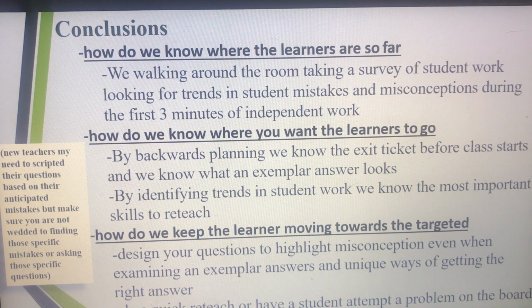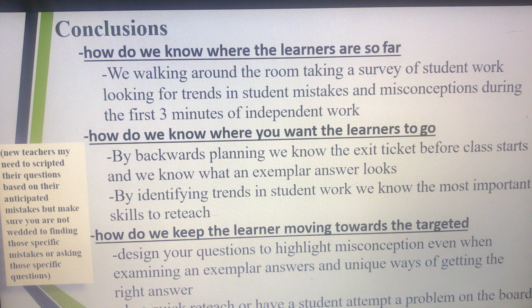Backwards planning, right? By knowing what your exit ticket is, knowing what an exemplar answer looks like when you walk into the room, means that when you see students attempting problems, you know what things they need to do differently in order to get to the answer you want them to be able to provide.